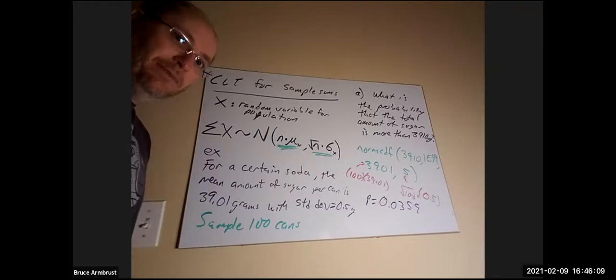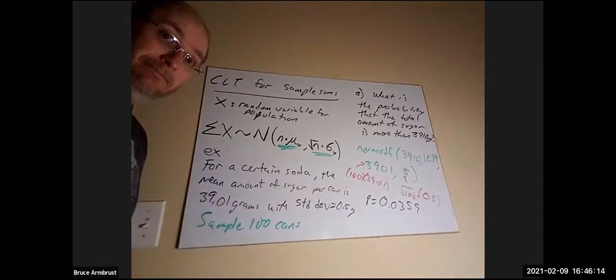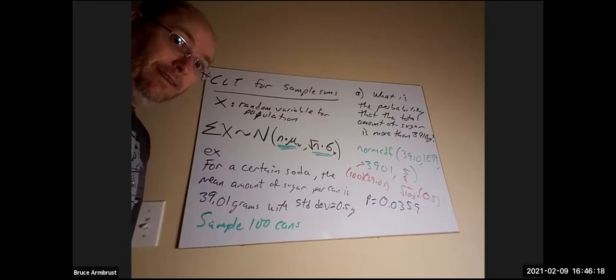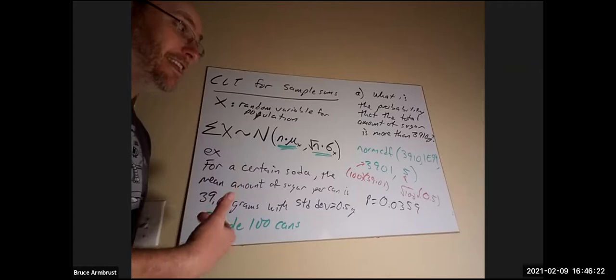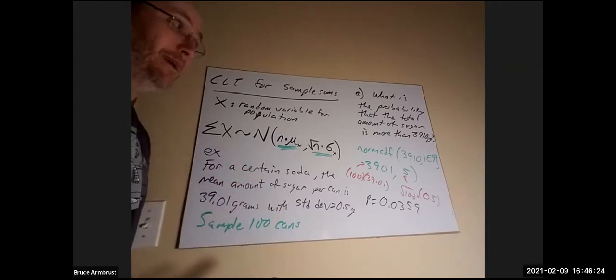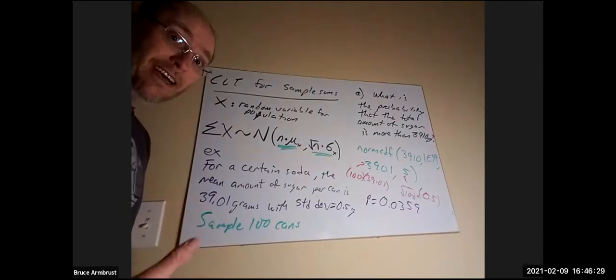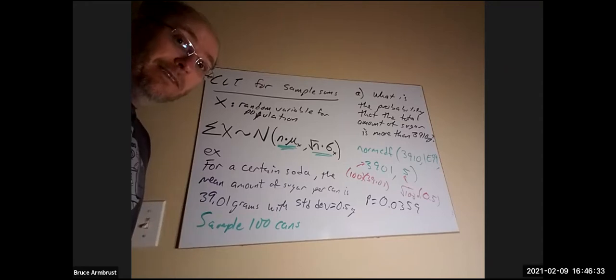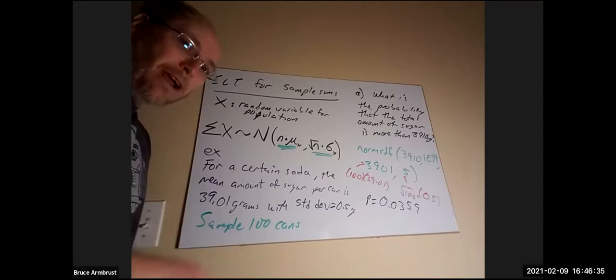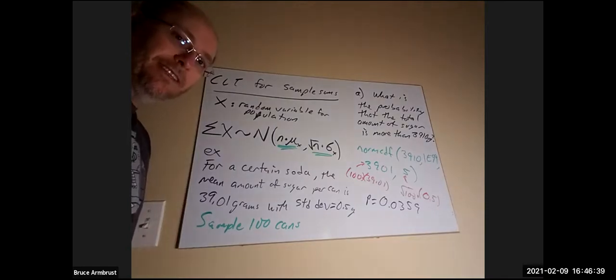Right? 9 grams of sugar over 100 cans. That's a very little bit. But we just saw that for us to be off by that much, it's highly unlikely, only 4% of the time. If I were to do this 100 times, only around 4 of them am I going to find a number bigger than 3,910.